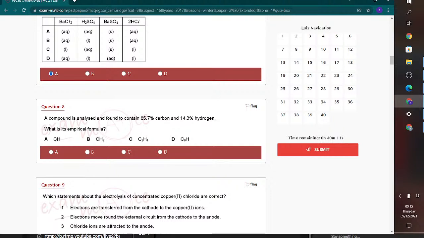Therefore, 7.14 is less than 14.3, so 14.3 would be divided by 7.14, which gives us 2. So CH2 must be the answer.